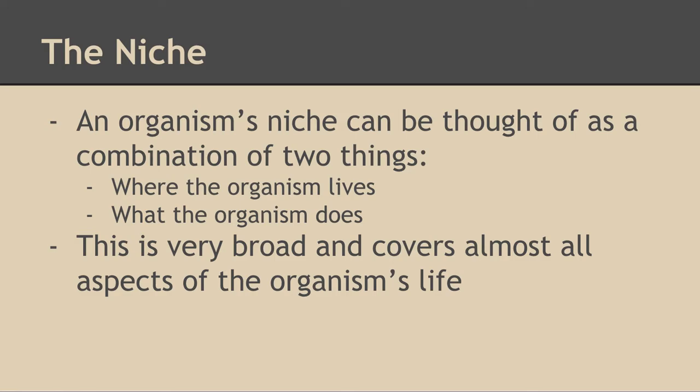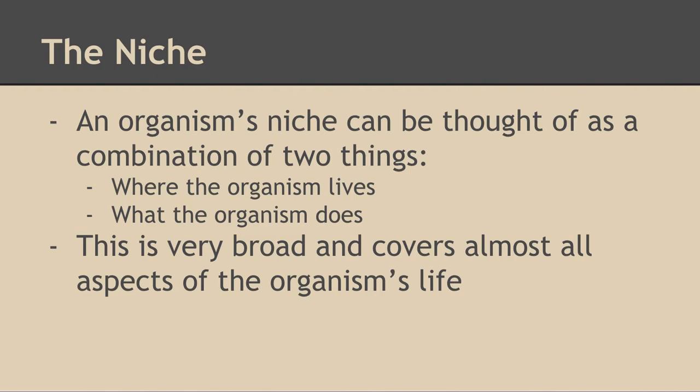An organism's niche can be thought of as a combination of two things: where the organism lives and what the organism does. This is a really, really broad way of defining things, and it covers basically everything about the way an organism lives. So trying to say, oh, this is a producer, well, that's part of an organism's niche, but it's not everything.